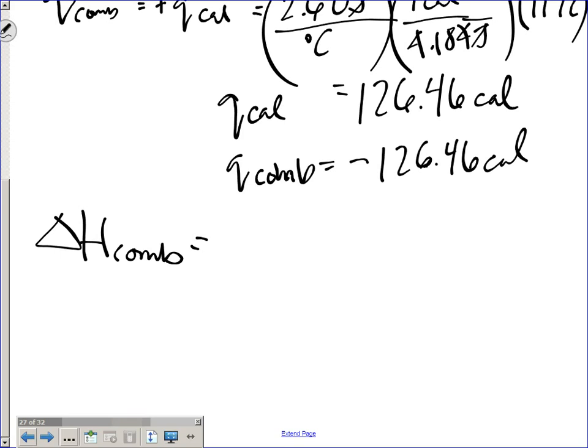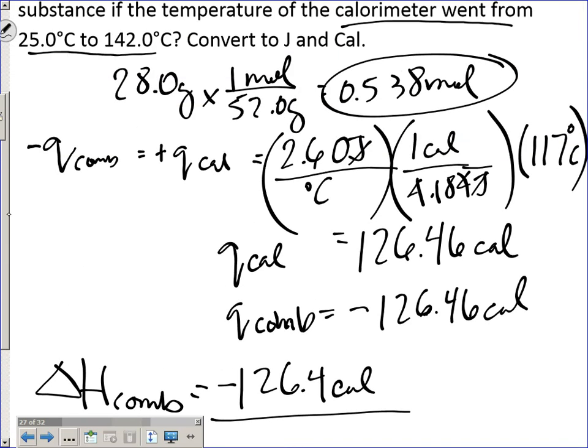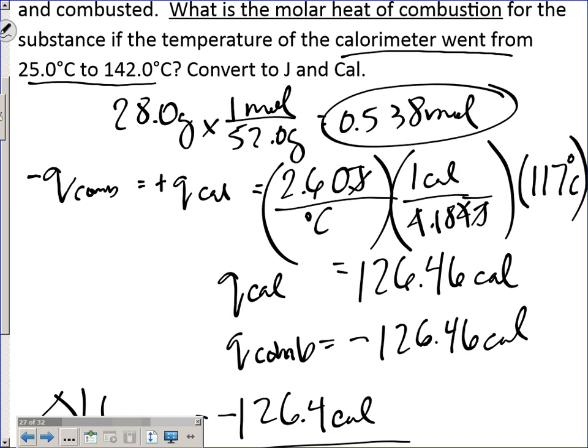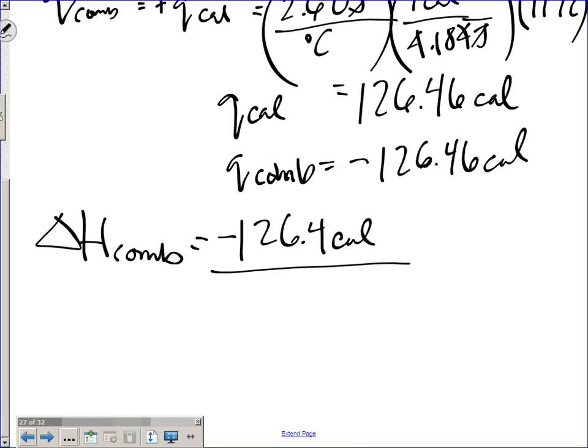And since we have moles, we had negative 126.4 calories divided by the moles that we got at first, 0.538 moles. And what's that value? Negative what? I got negative 135 calories per mole.